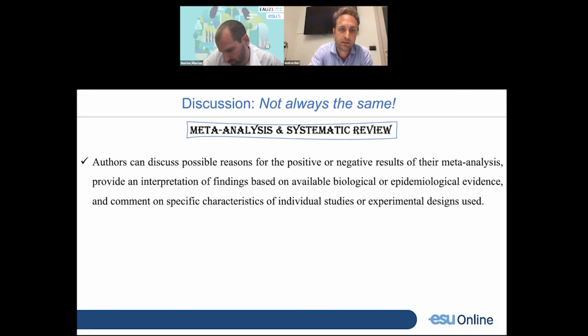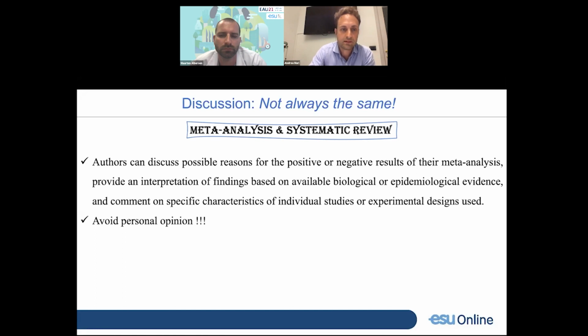So the authors can discuss the reason of these results. They provide an interpretation and comment on the characteristics of the studies included in the review, and especially on the experimental design that the authors use in each study.